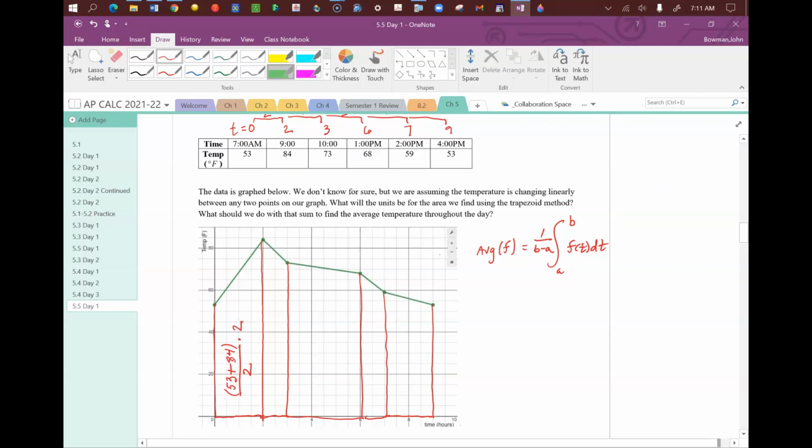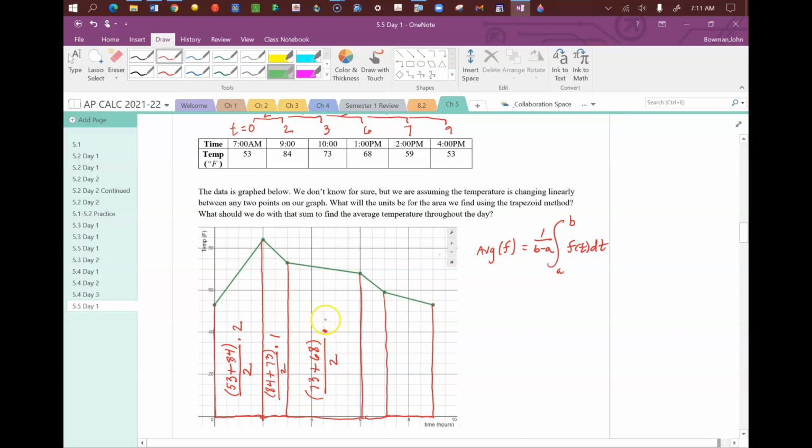In the next trapezoid, we have a base of 84 plus a base of 73. Divide that by 2, multiply that by the height, which is 1 in this case. Our next trapezoid, kind of a big one, has a base of 73 plus a base of 68. Divide that by 2 to find the average.